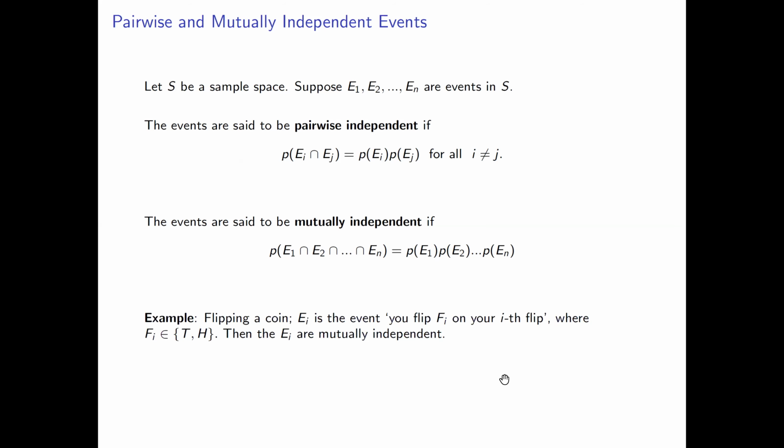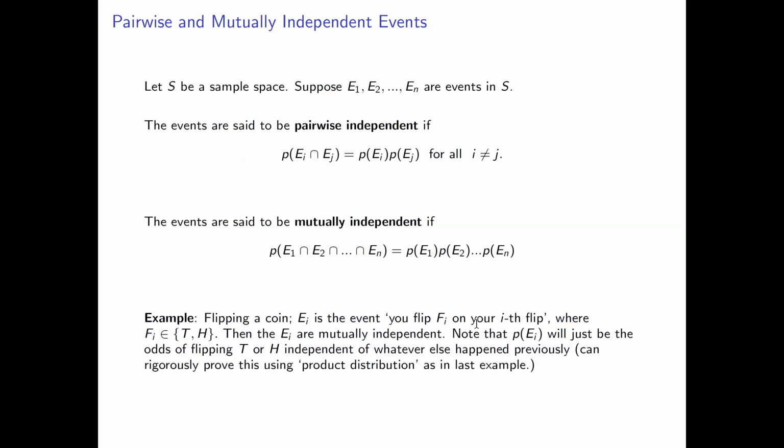The idea is that whatever you flip at the ith point in the sequence of flips is not really related to what's going on at any of the other points, so they should be independent in the stronger sense. You can check it if you use a product distribution similar to what we looked at in the last example, although I'm not going to do that in these notes today.